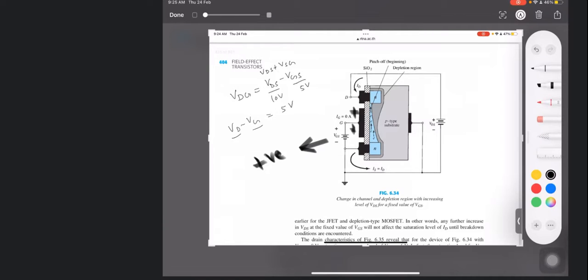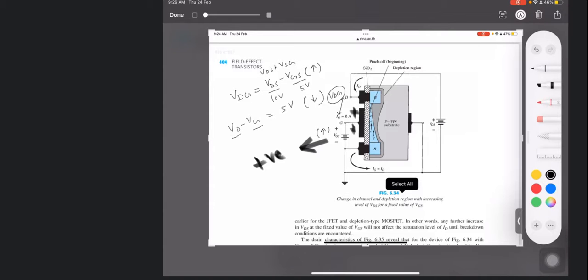So if you increase the VGS, so this VDG is going to decrease, isn't it? Am I right? So gate to drain voltage, this is VDG, it is also coming down if I am going to increase this, right?